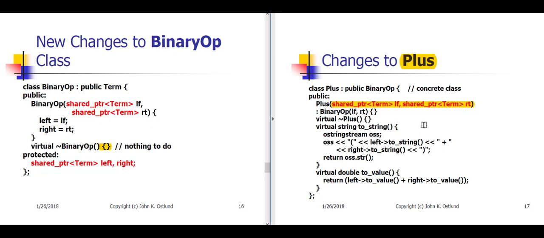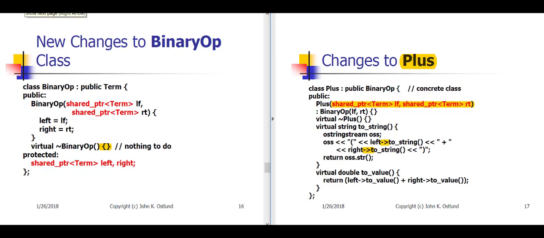A shared pointer can be used just like an ordinary pointer, so even though left is now a shared pointer to term rather than a term star, we can still say left arrow toString and likewise right arrow toString. We can use the same notation with the same expected functionality for shared pointers that we do with ordinary pointers.